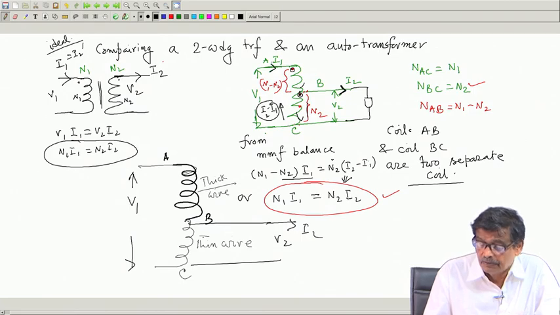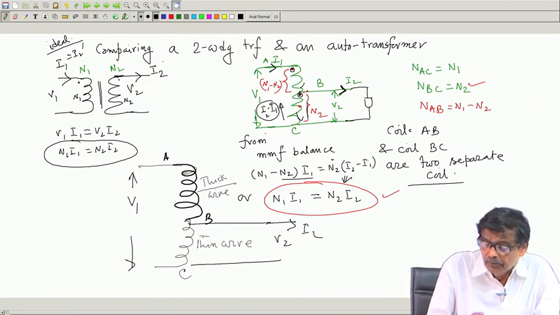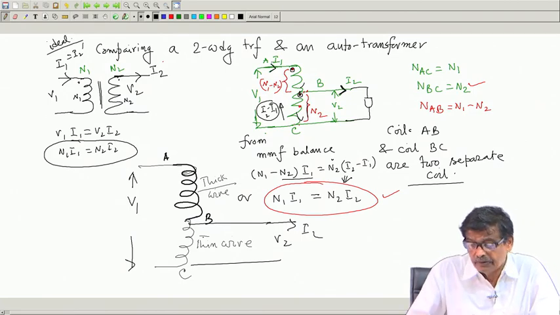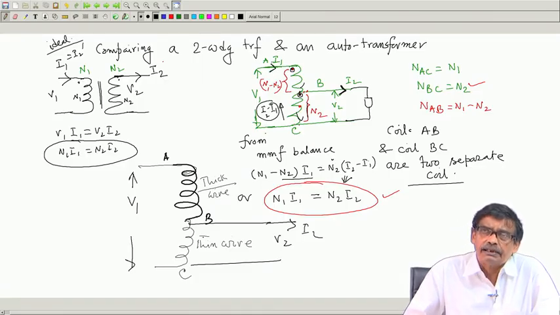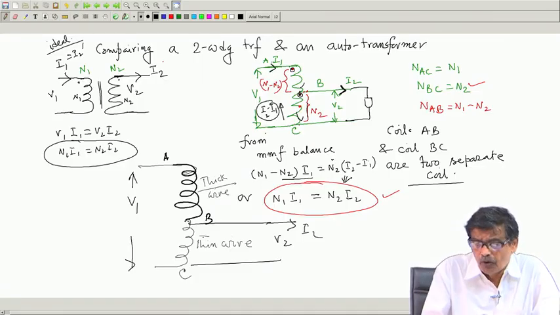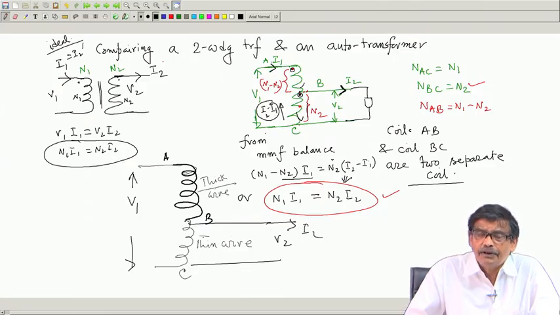That is what I told. Today we will try to find out some estimate of how much copper will be saved. Copper saved means volume of the copper.